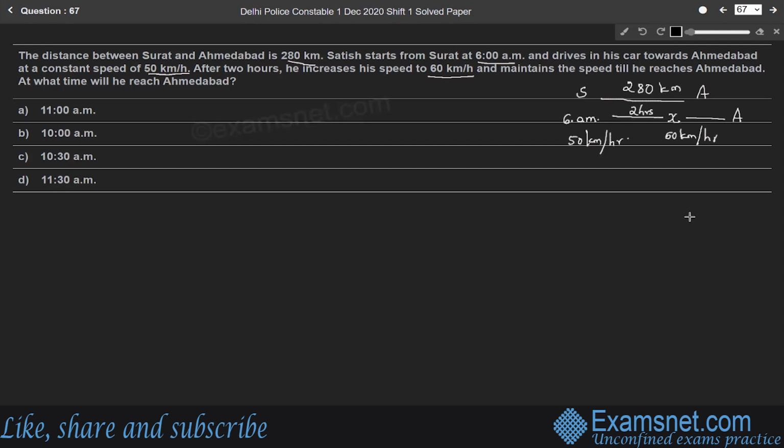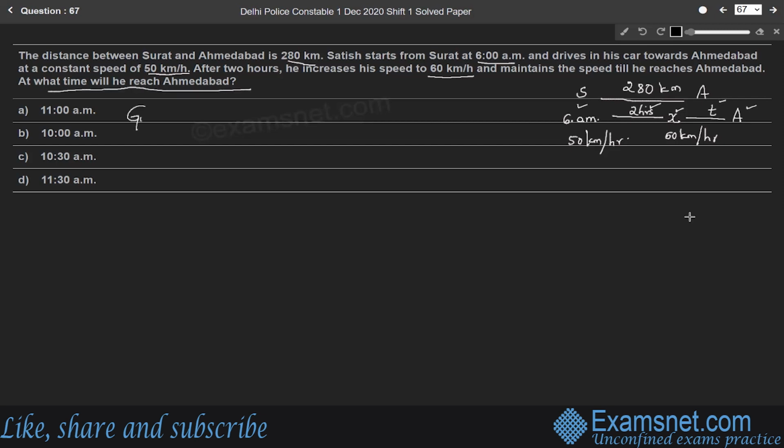So first we have to find the time taken by Satish from the place X to Ahmedabad. Then we have to add these two times, 2 hours and T, the second time, to 6 a.m. to get the time he will reach Ahmedabad. That we have to calculate, right?